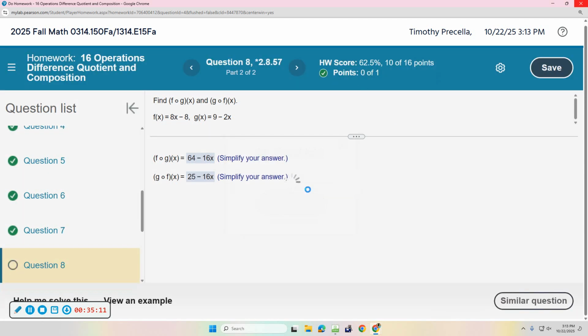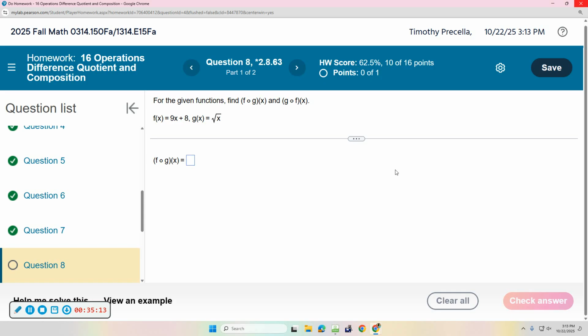Okay. Number 8. Same thing. Let me see if I can do this neater. f of x is 9x plus 8, and g of x is square root of x.